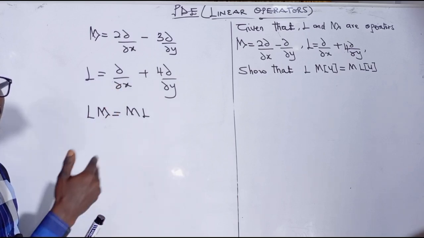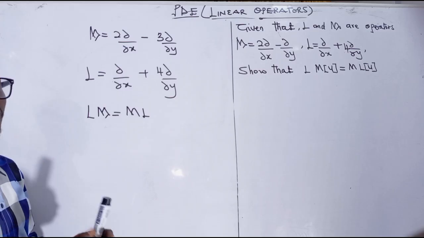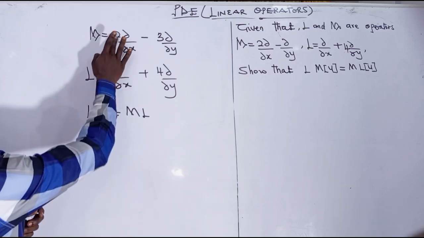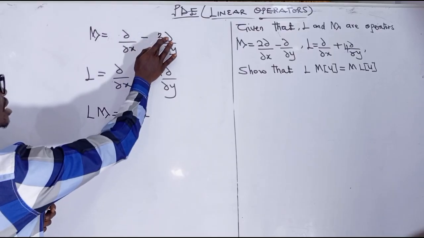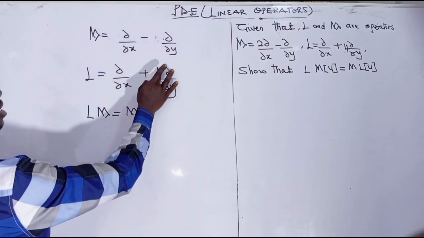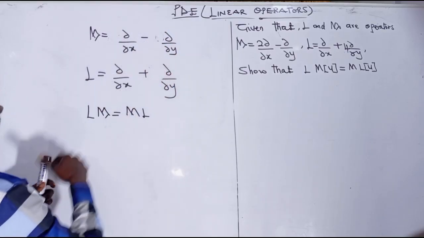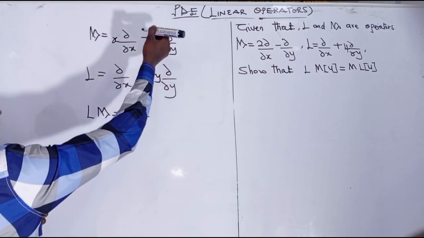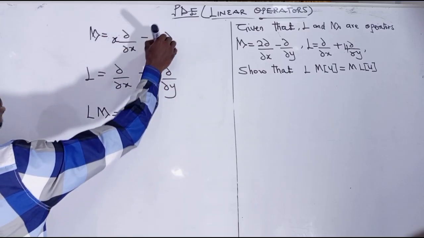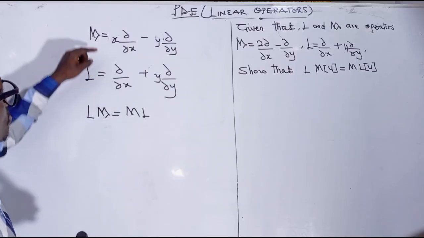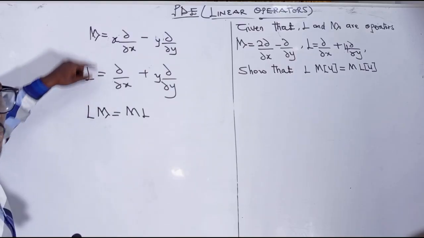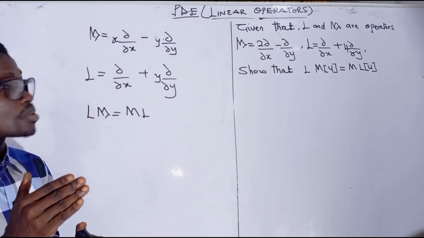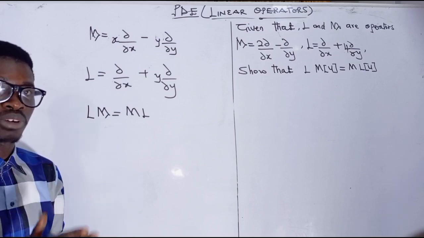But when these two linear differential operators have variable coefficients, it means that we take away the constants and replace them with variables, let's say x and y. So you can see that these two linear differential operators have variable coefficients.